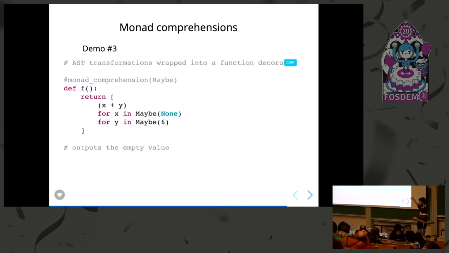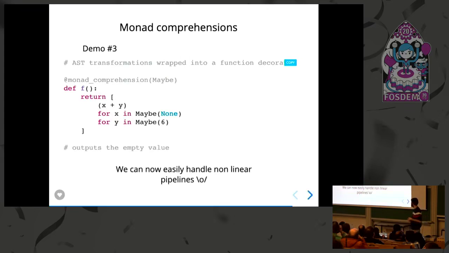Still with the maybe monad, but with one of the values being the empty value, we should get the empty value in the end, and it's indeed what we get. So now this is a solution to the non-linear pipeline problem.